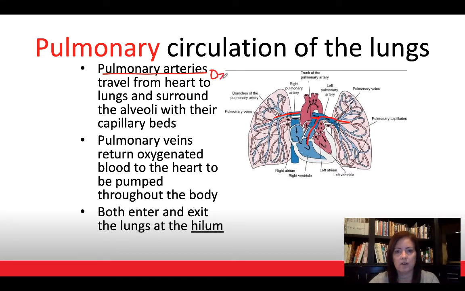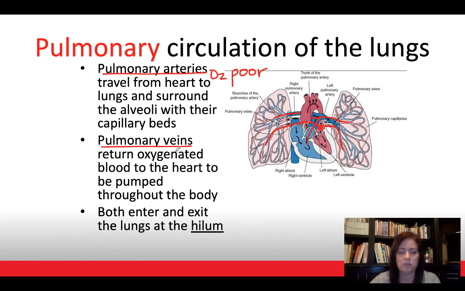So that's our oxygen poor blood there, traveling to the lungs, and specifically the alveoli, where we're going to have gas exchange. And then pulmonary veins are going to return oxygenated blood back to the heart. And we're going to see all that being dumped into that left atrium.